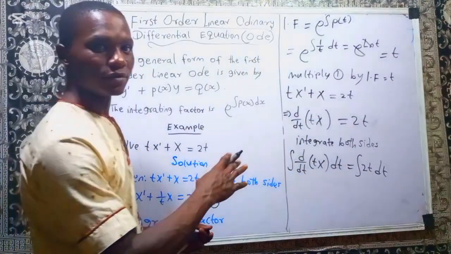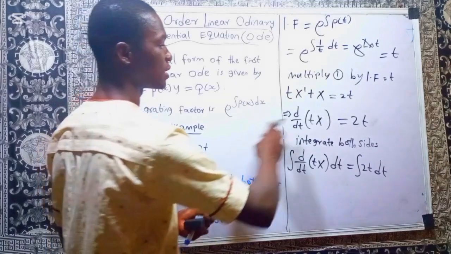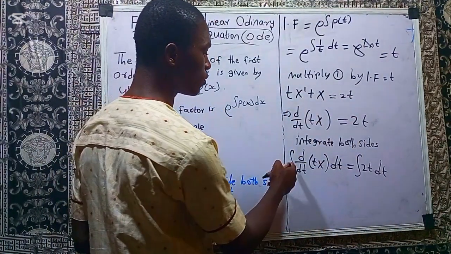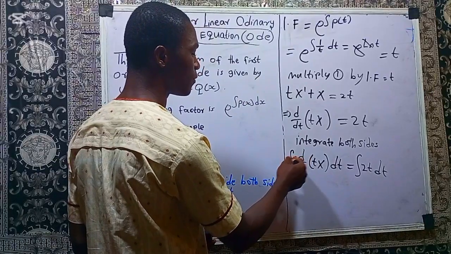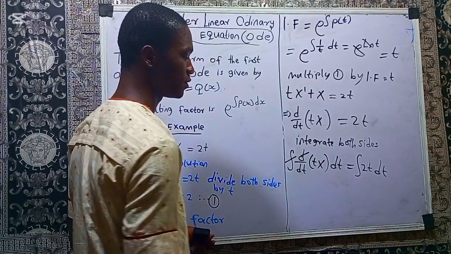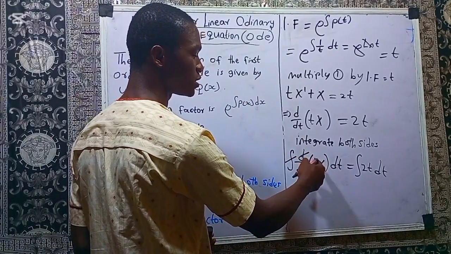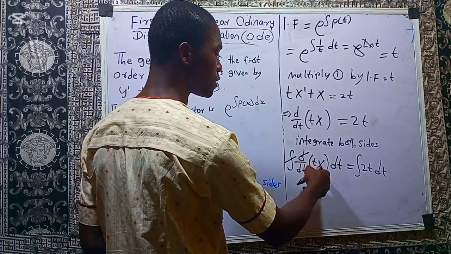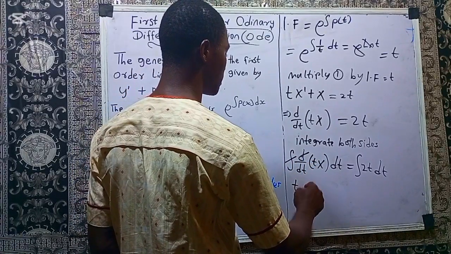So with this, I've integrated both sides. The integral now will cancel the derivative, remaining this quantity inside, tx.